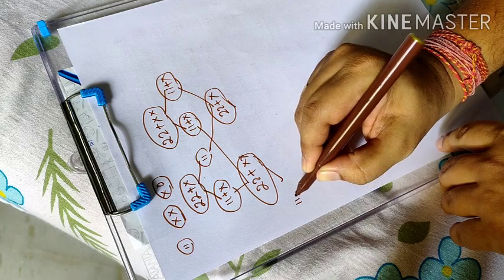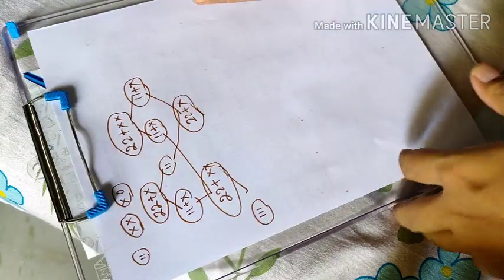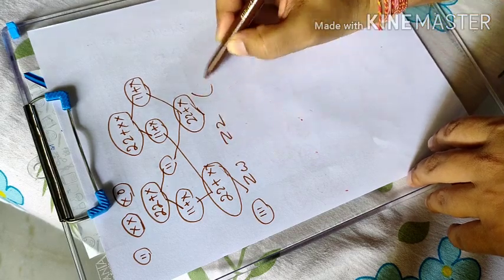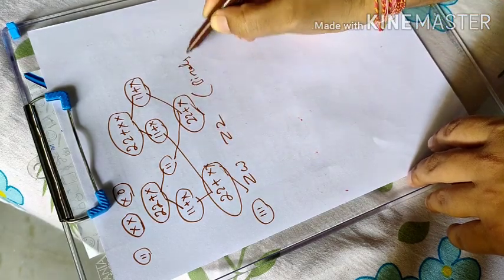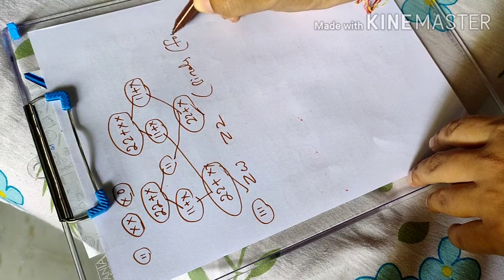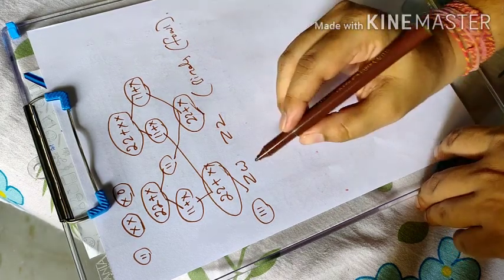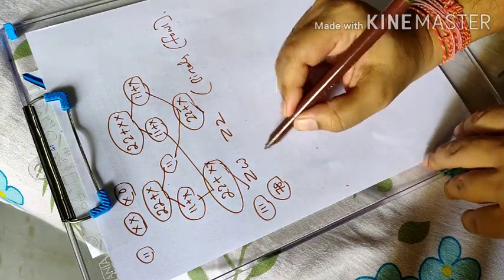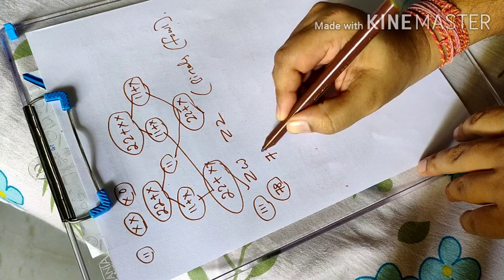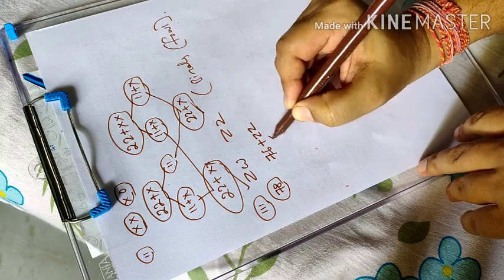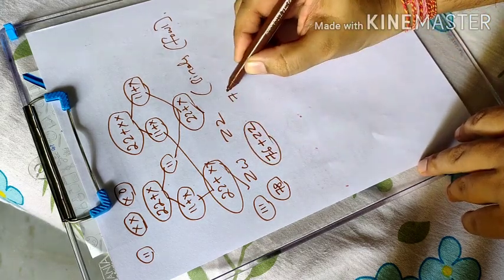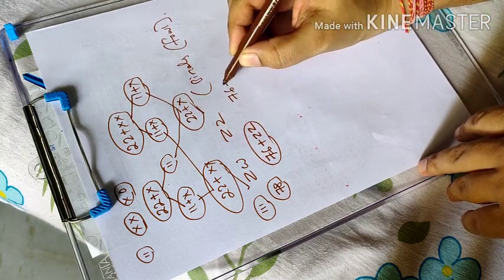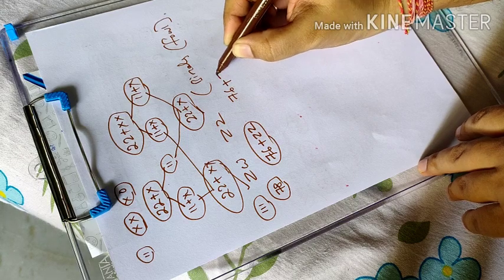The third one, ZW-ZZ, that is in case of birds, especially fowl. Here total number of chromosomes is 78, and the male is 76 plus ZZ and the female is 76 plus ZW.